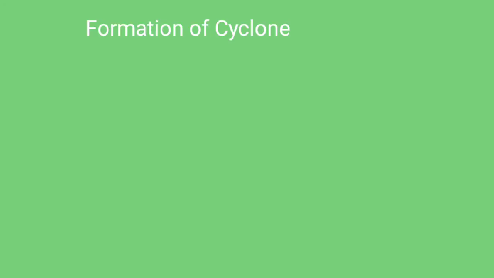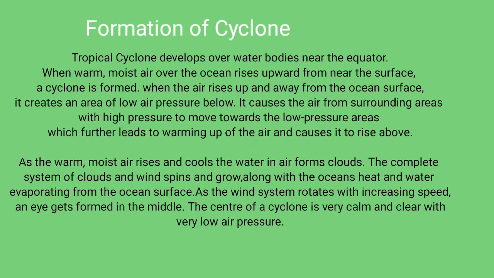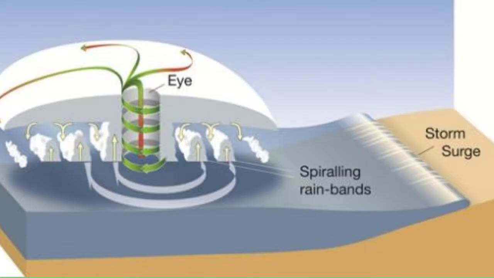Now let us discuss the next topic, that is formation of cyclone. Basically we'll be discussing how tropical cyclones are formed here. Tropical cyclone basically develops over the water bodies near the equator. Here the warm moist air over the ocean surface rises upward, due to which a cyclone is formed.